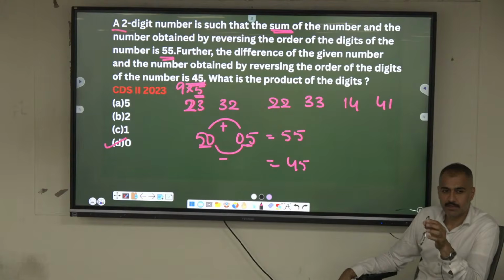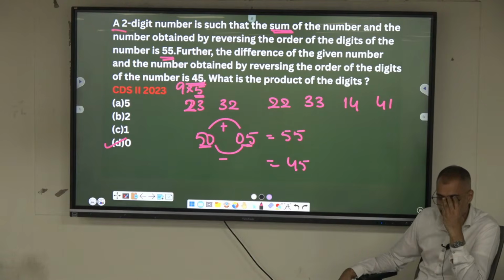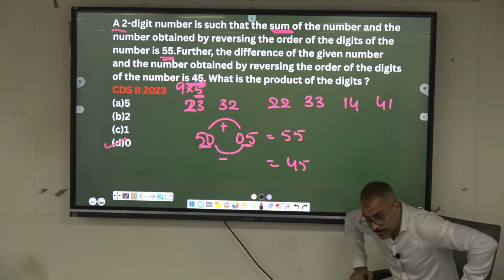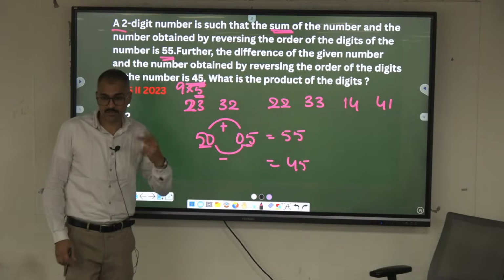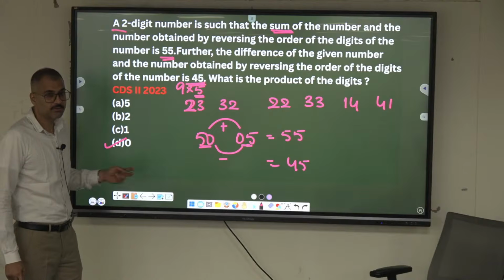Okay, see 0, 5, 1, 6, 2, 7, 3, 8, 4, 9. But in all the other cases, you won't get the product. So remember the 9, 99, 999 rules, reversing of digits. Okay, try to work on those.